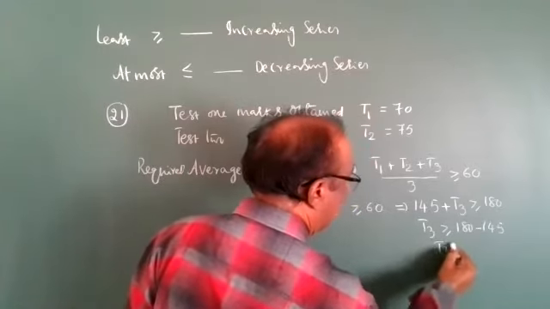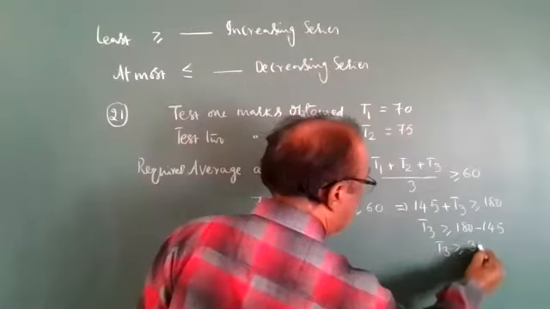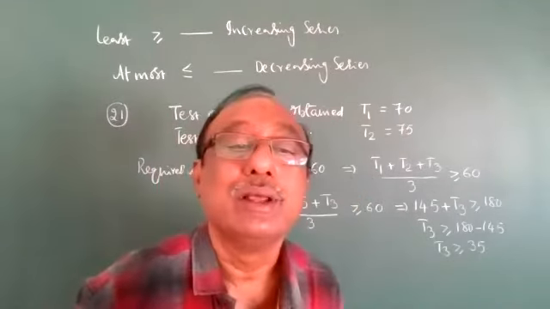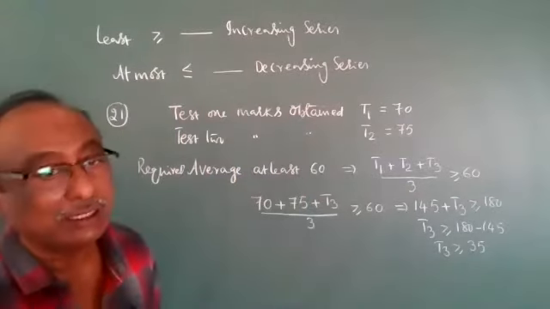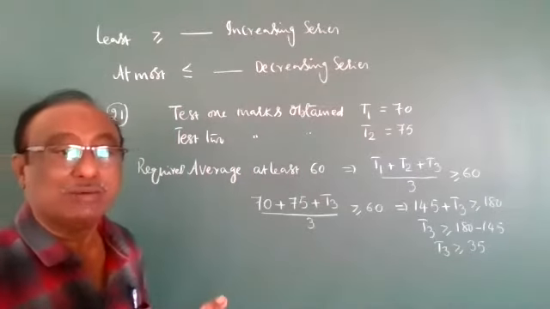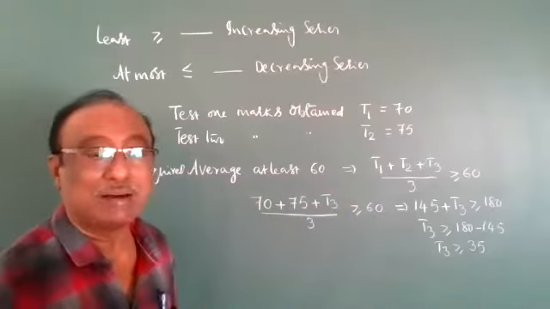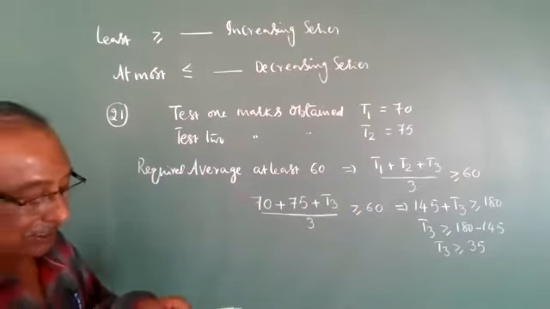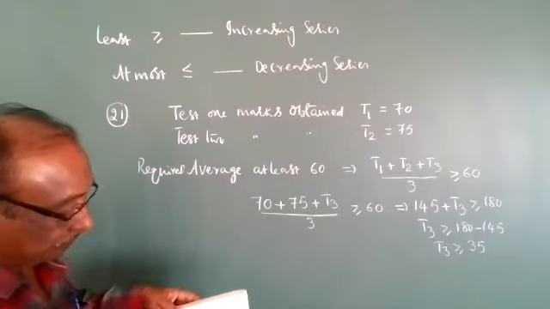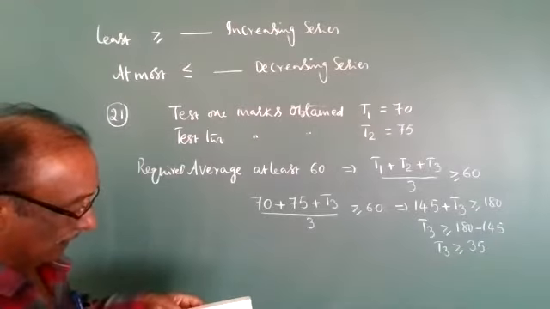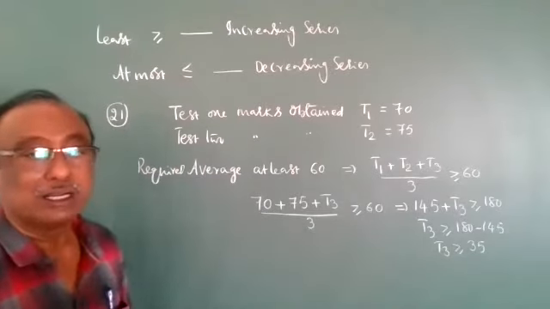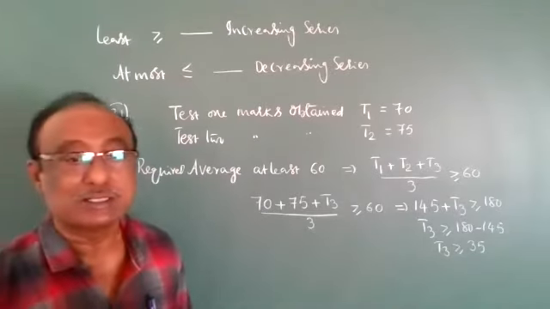Test 3 marks is at least 35 or more than 35, and you will get an average of 60 or above. Now write down the answer: greater than or equal to 35. That answer is correct.